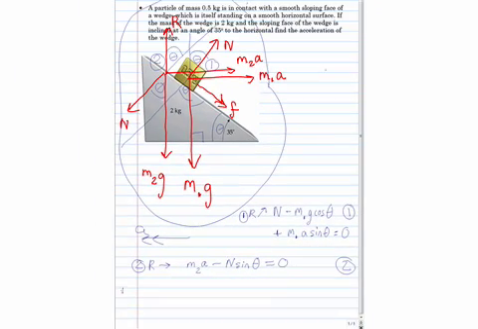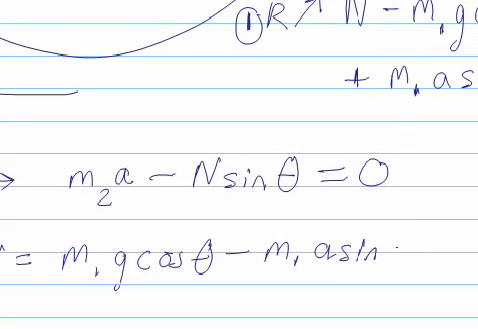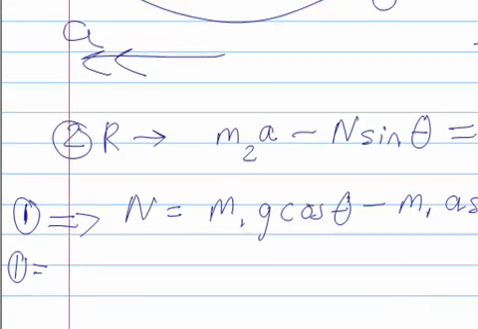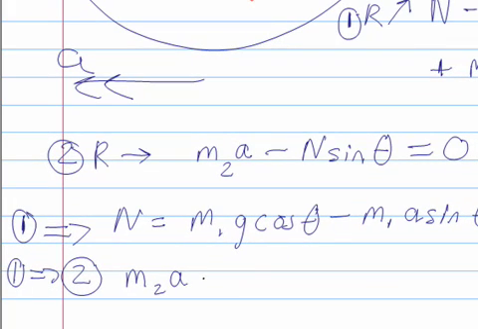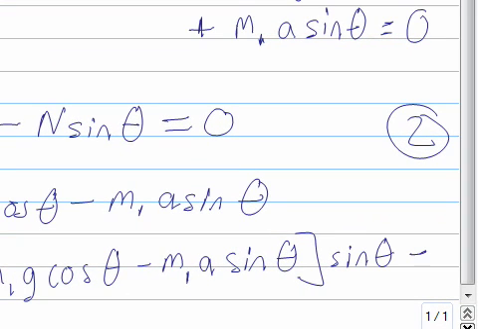From equation 1, I have that n equals m1g cos theta minus m1a sine theta, which I can then put into equation 2. m2a minus n, which is actually m1g cos theta minus m1a sine theta, and then we have the sine theta, must equal 0.